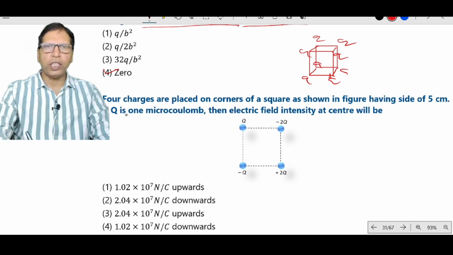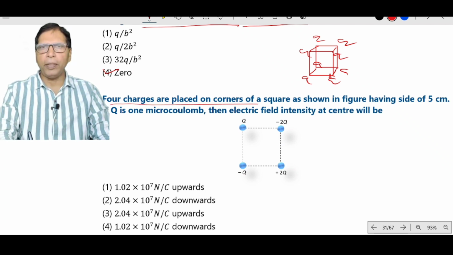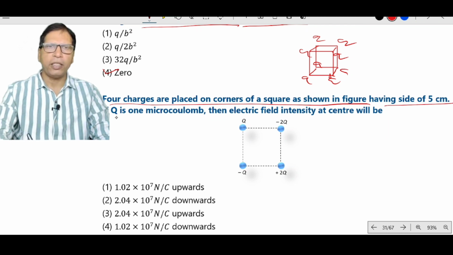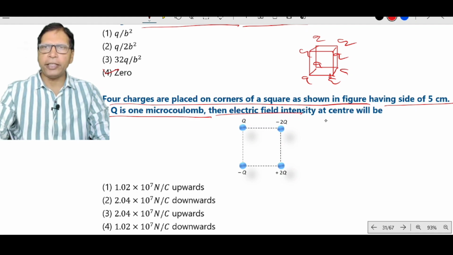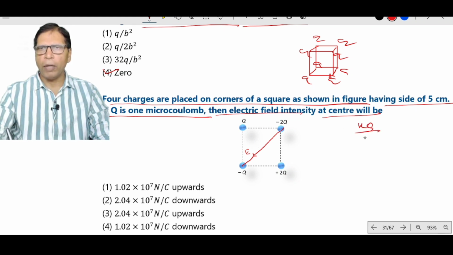Now, look at this. Question number 6. Four charges are placed at the corners of a square as shown in the figure, having side 5 centimeter. If Q is 1 microcoulomb, the electric field intensity at the center will be. Look at this. Electric field due to this minus Q charge is directed along this direction and its magnitude is E, which is KQ by R square, where R is the distance of the center from each charge.